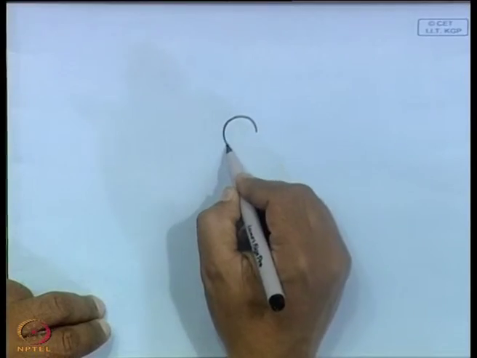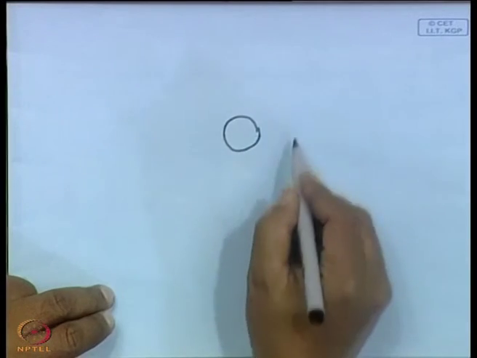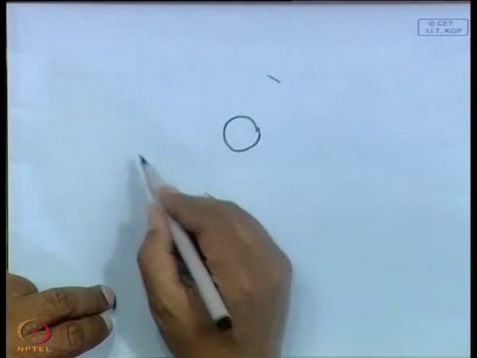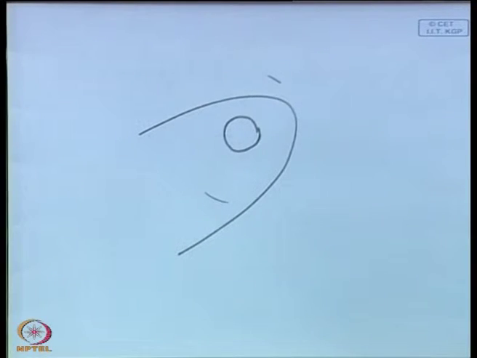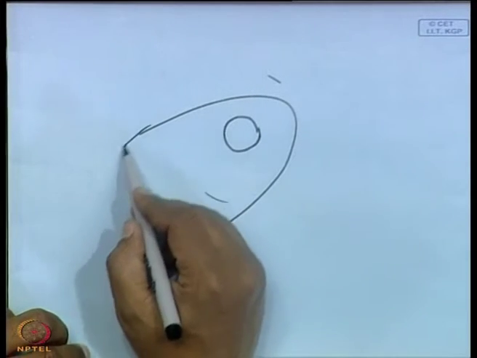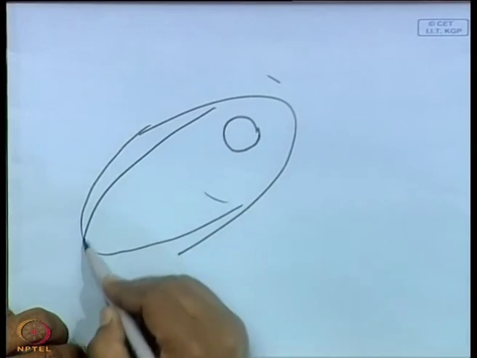Okay. And the whole thing is not uniformly distributed around. If you have a solid core like this, the comet atmosphere does not form uniformly around it, it forms a tail in one direction. So it could be a tail like this.